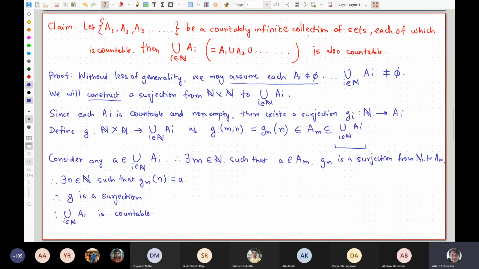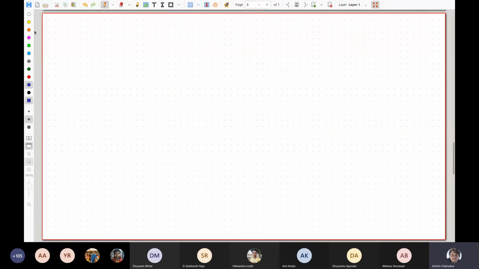In the first place, the very basic question we want to answer is: are there sets which are not countable? Otherwise, if no such set exists, then this notion of countability is completely useless.